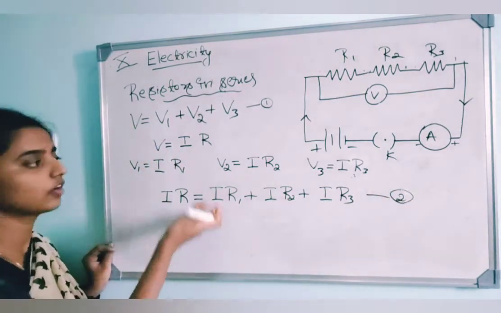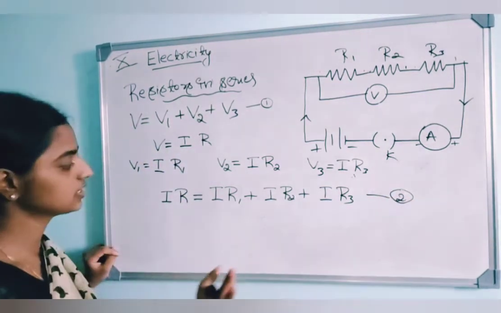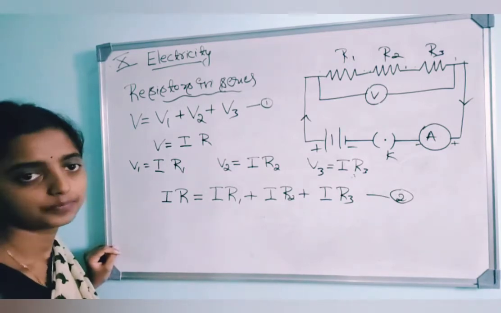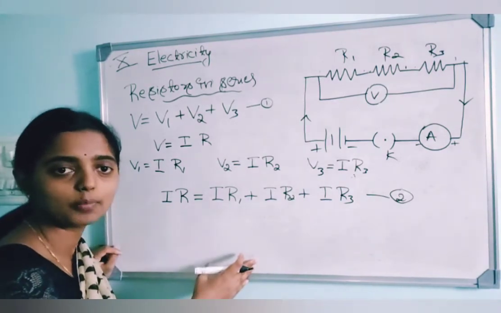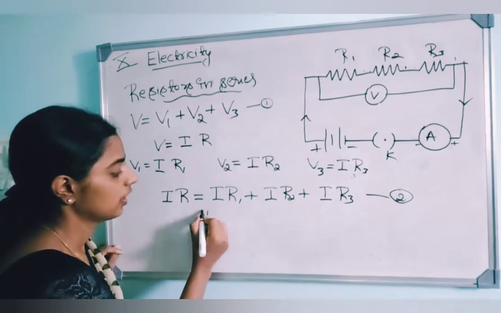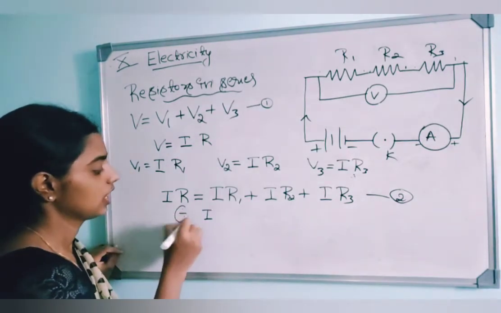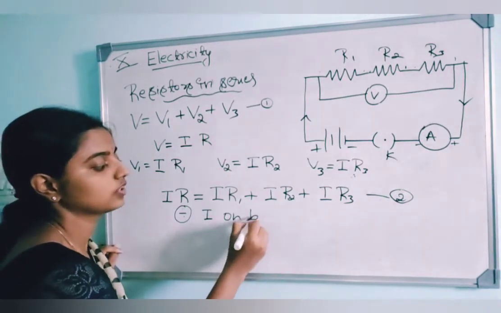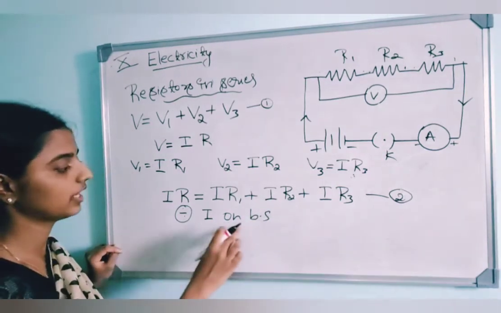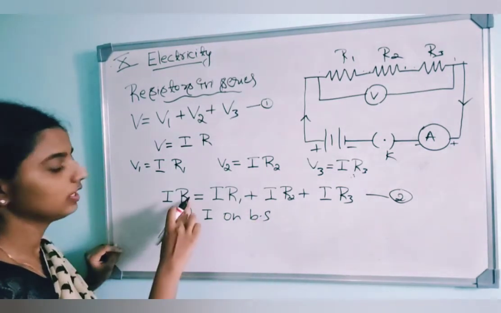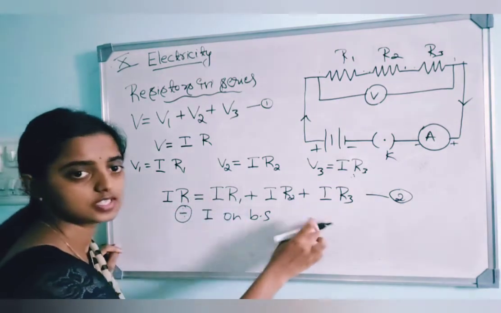How did we get all these things? We got them from Ohm's law, right? After this, the next step: what is common here? On both sides I is common, current is common. So we will divide by I on both sides. What happens if we divide by I on both sides? We are left with only resistors, right?